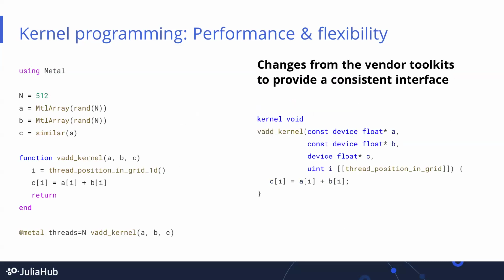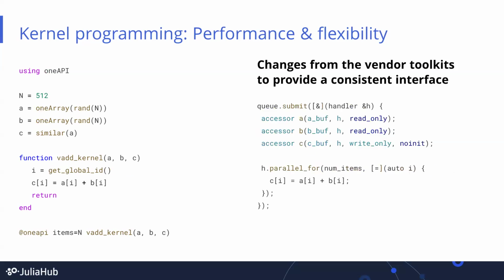Sometimes we make little changes for the sake of consistency. For example, in Metal, your thread position is normally an argument to a function. We've changed that in Julia to be a function call, so that it's again similar to how our other GPU backends work.